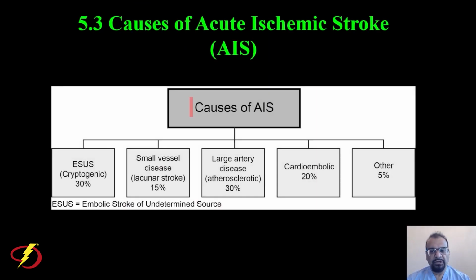So the different causes or mechanisms of acute ischemic stroke, again, we're looking at them. ESUS, which was again called cryptogenic stroke, small vessel disease, which includes lacunar stroke, large artery disease caused by atherosclerotic disease, cardioembolic stroke, and other mechanisms. Again, ESUS stands for embolic stroke of undetermined source.